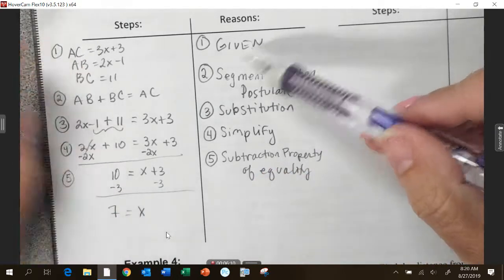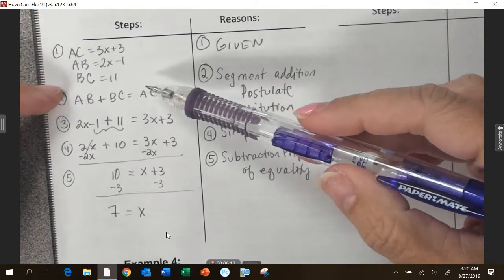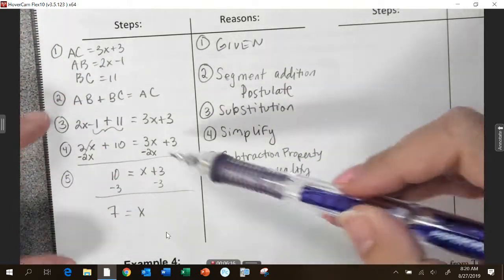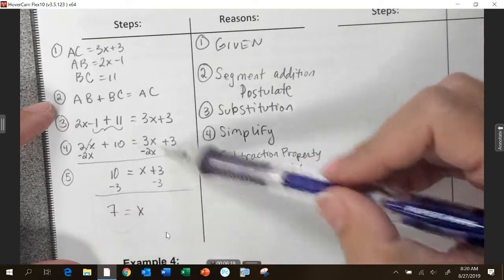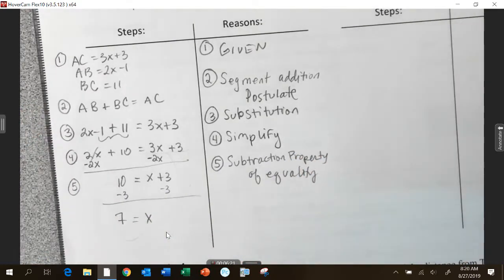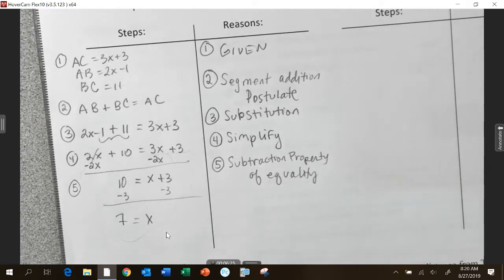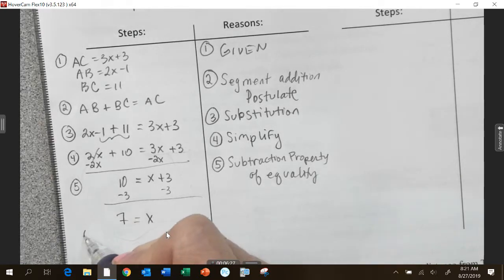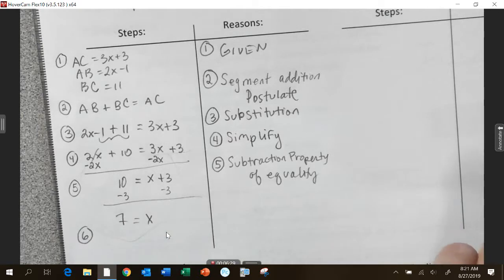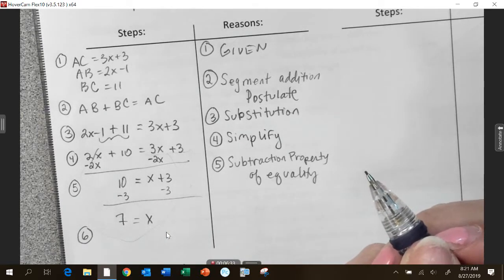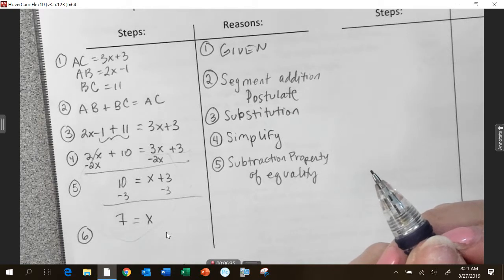Just like given, I didn't write 3 separate givens. I wrote one thing with everything in it, and it was all given. So all of this is subtraction property of equality. All right, so we have 7 equals x. Is that our answer? No. So we have another step. What should be our answer? Austin, do you know?